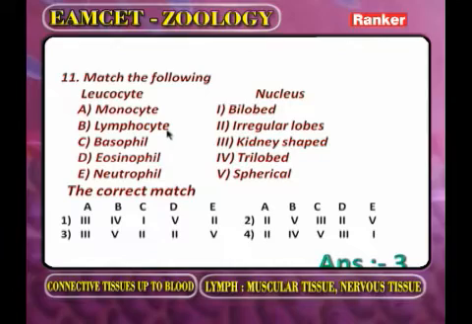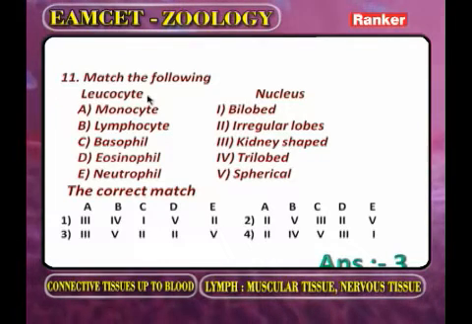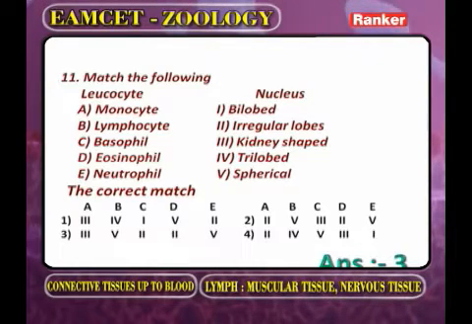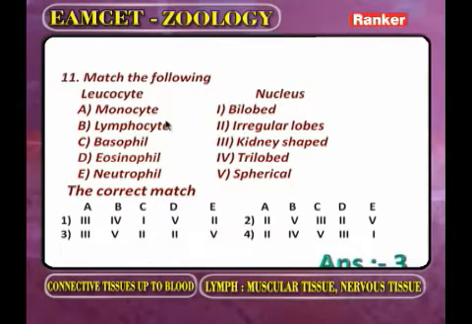On one side, what is present? Leukocyte. What is meant by leukocyte? WBC. In this column, what are present? Varieties of WBC. What is the first one? Monocyte. What is the second one? Lymphocyte. What is the third one? Basophil. What is the fourth one? Eosinophil. What is the last one? Neutrophil. Now move to the next side. What type of nucleus?